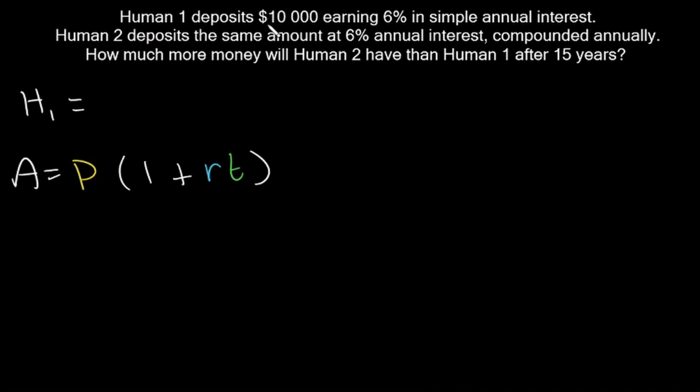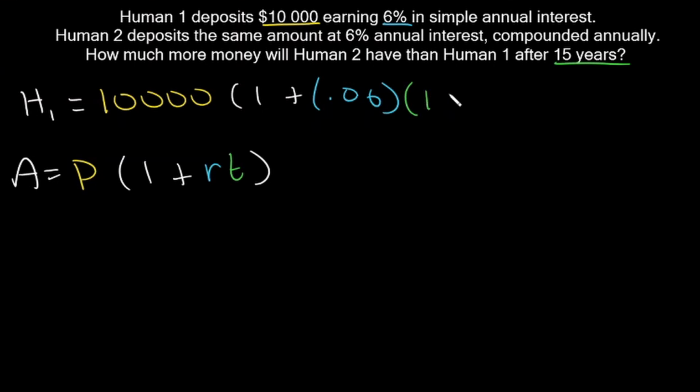So our principal is going to be $10,000, and then 1 plus our interest rate is going to be 6%, and as a decimal, that's going to be 0.06. And then our time is going to be 15 years. So now let's throw this into our calculator again and see what this is going to be equal to.